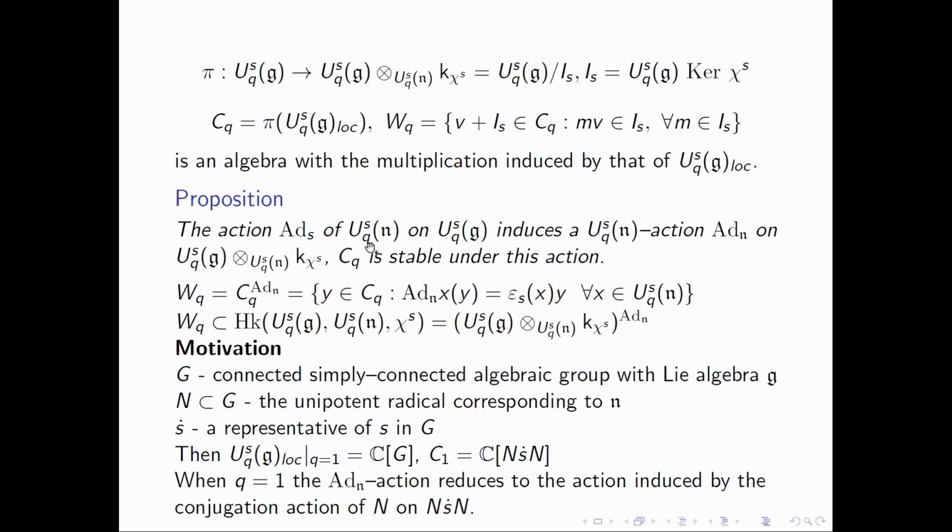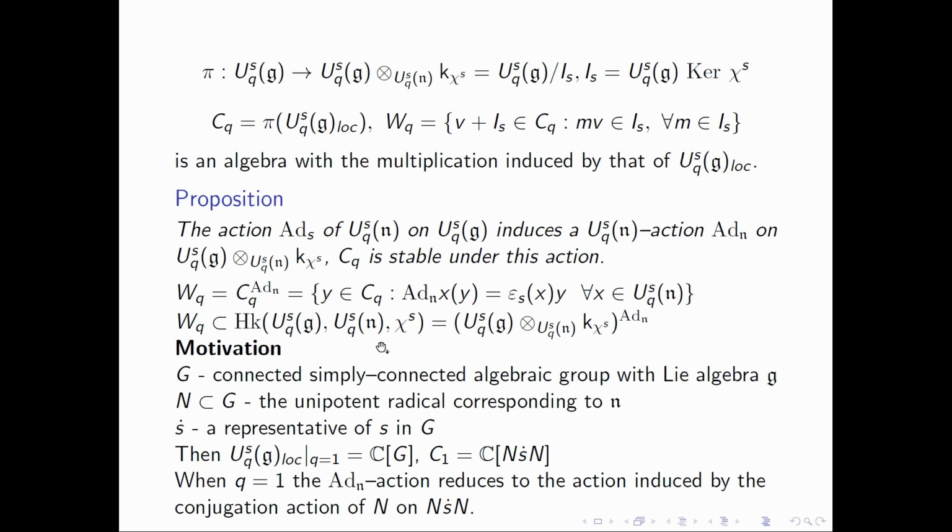The point is that the adjoint action of U_q(n) is pushed down to this induced representation. This is again due to the fact that U_q(n) is a left ideal, so you can push it down. This adjoint action of the quantum group can be pushed down to the action on C_q. And then the proposition says that the QW algebra W_q can be described as the algebra of adjoint action invariants.